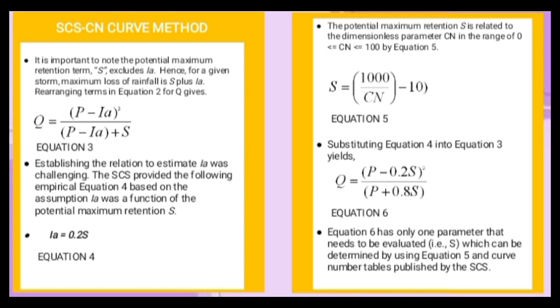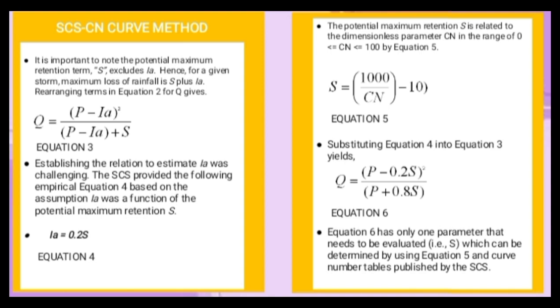Now substituting equation 4 into equation 3 yields Q equals P minus 0.2 S squared over P plus 0.8 S. Equation 6 has only one parameter that needs to be evaluated, which is S, and can be determined by using equation 5 and curve number tables published by the SCS.